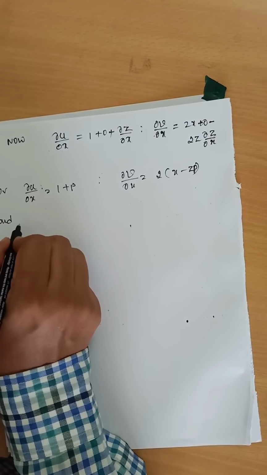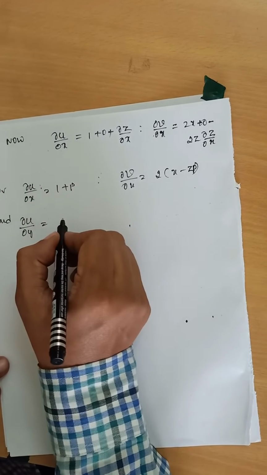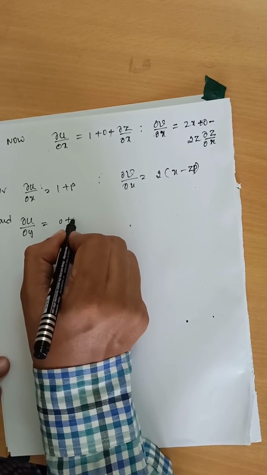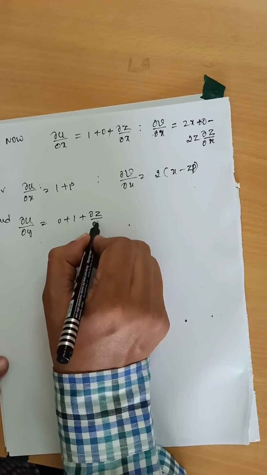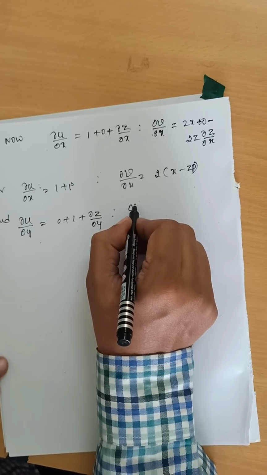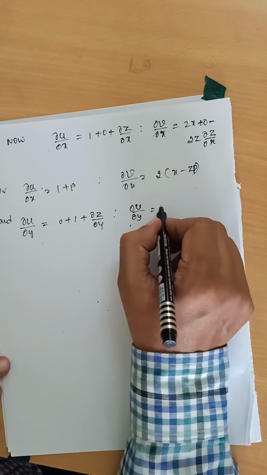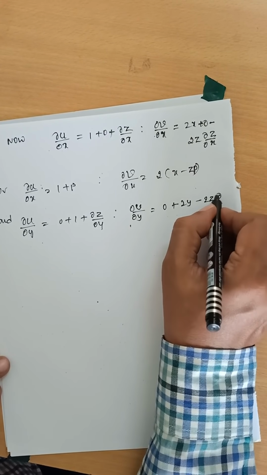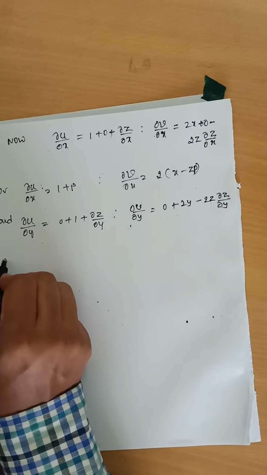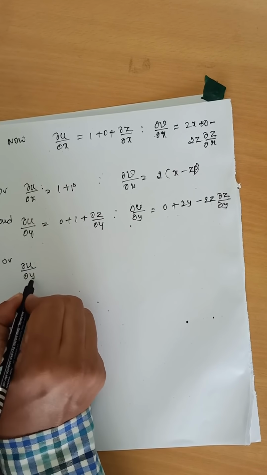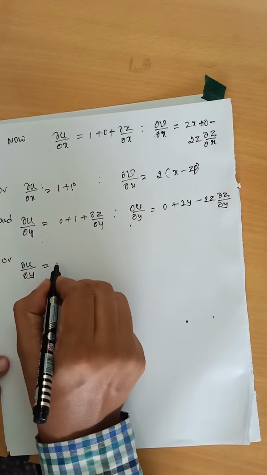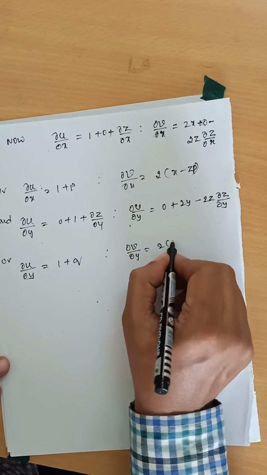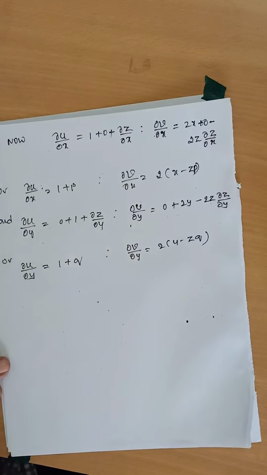And ∂u/∂y with respect to y is 0 plus 1 plus ∂z/∂y. Next, ∂v/∂y is 0 plus 2y minus 2z ∂z/∂y. So ∂u/∂y is equal to 1 plus q, and ∂v/∂y is equal to 2y minus 2z into q.